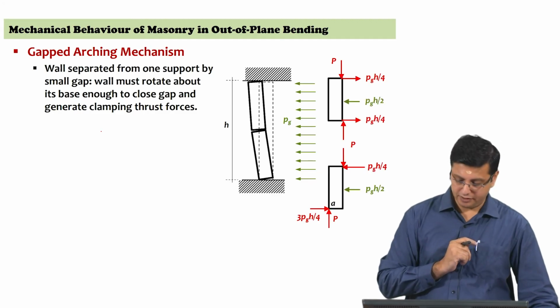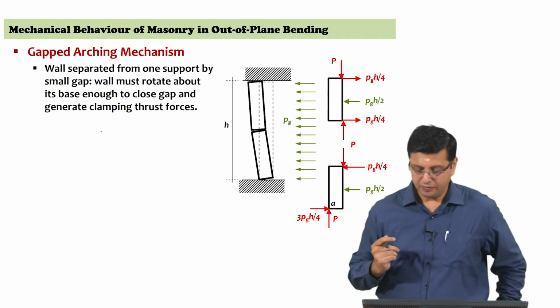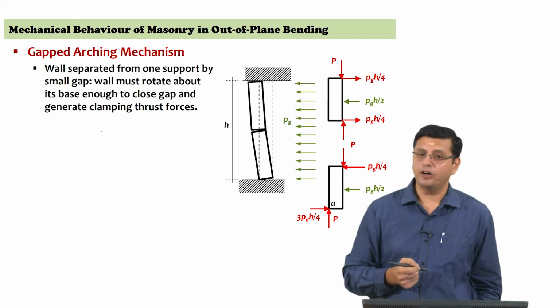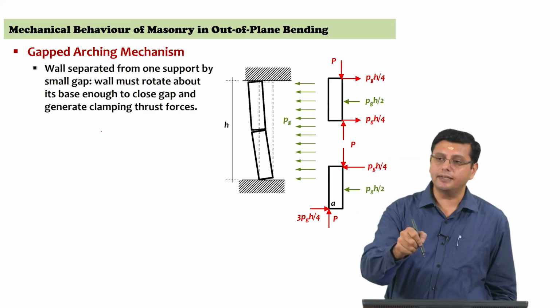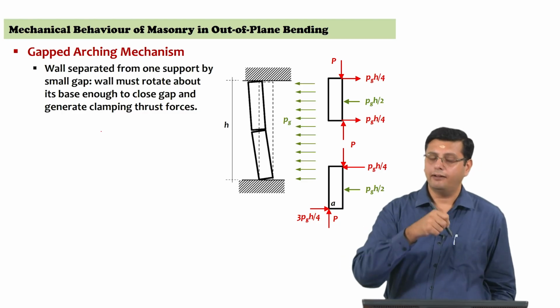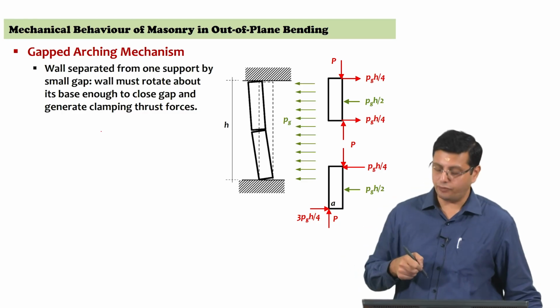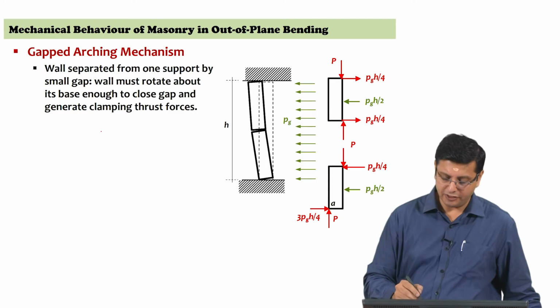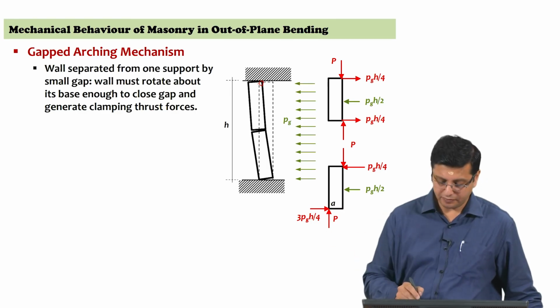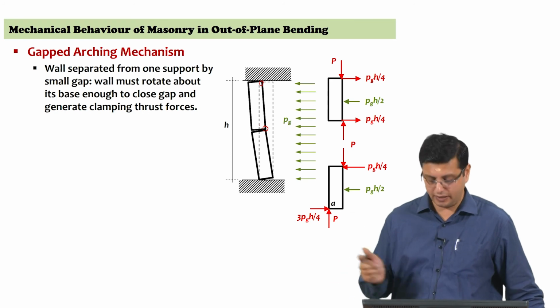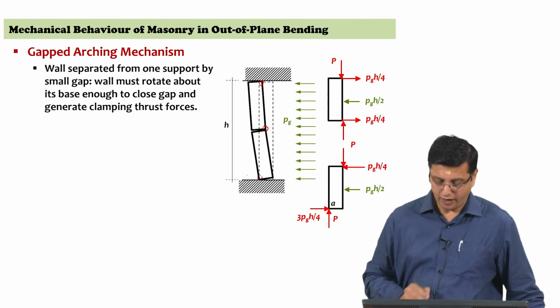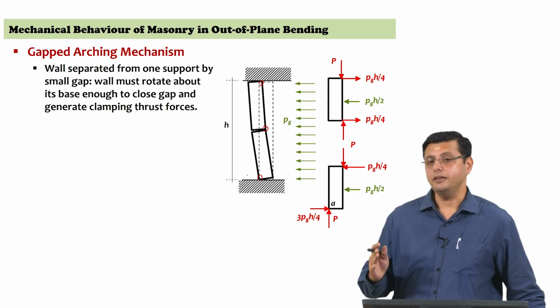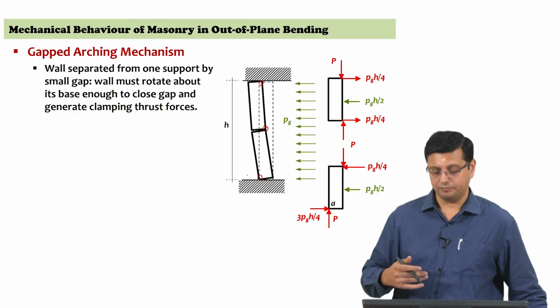So, when that happens, and if you were to examine the free body diagram at the instant when contact is established and you have the hinges forming, you will have a hinge at the top windward side, a hinge that is formed at the midspan at the windward side, and one hinge that is formed on the leeward side at the bottom, right.